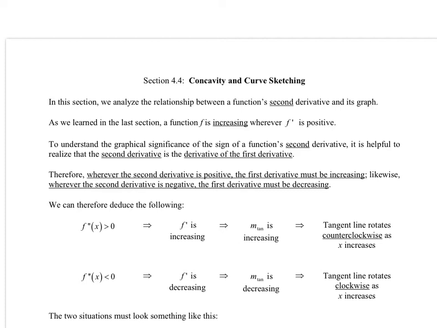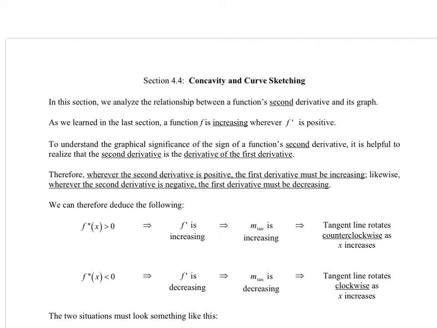We've learned quite a bit in the last section, section 4.3, and prior to that, about what a function's first derivative tells us about the graph of a function. Just to recap, at any value of x where the function's first derivative is equal to 0, the graph of the function has a horizontal tangent line.